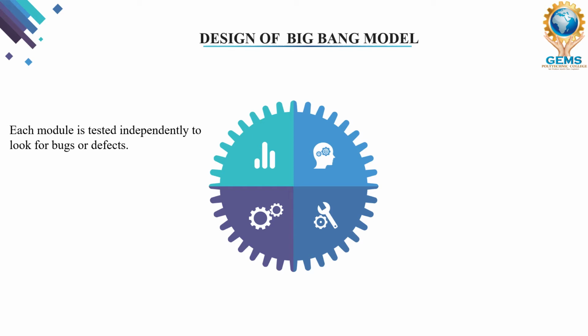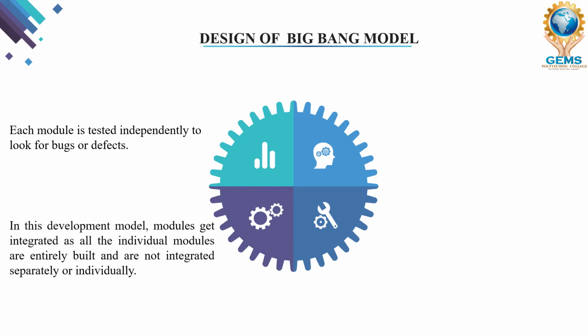That means while we are going to develop the project by using the Big Bang model, the software is designed or developed on a module basis so that it's easy to find the error or to resolve the error, because each module is tested independently. Clear?